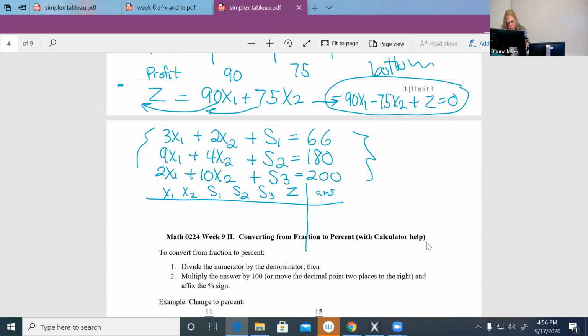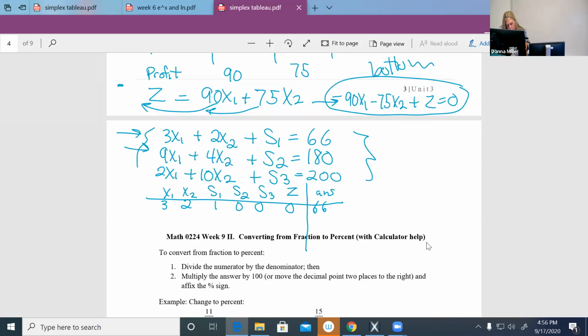So the first equation: x1 is 3, x2 is 2, s1 is 1, because there's a coefficient of 1 out front. S2 and s3 are 0, Z is 0, and the answer is 66. See how I set that up? That's the first row.